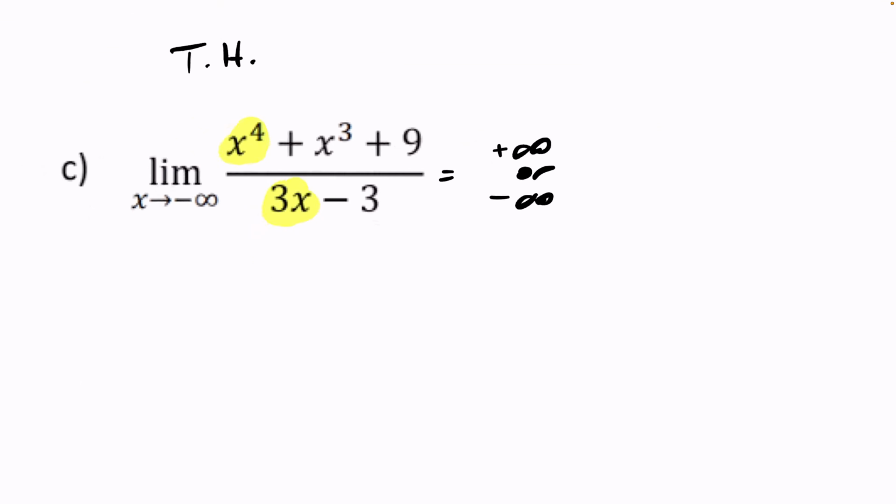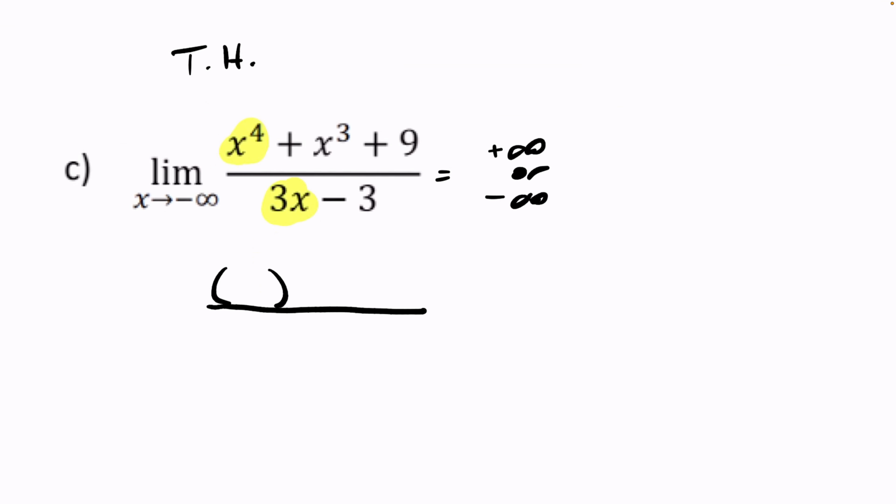Actually, no, let's do it like this. Watch. x to the fourth plus x cubed plus 9. So I'm going to rewrite it except no x's. And I want to know, will I get a positive answer or a negative answer? So again, that negative big number you were thinking about in your head, if I was to plug it into the top, would it be a positive or negative answer?